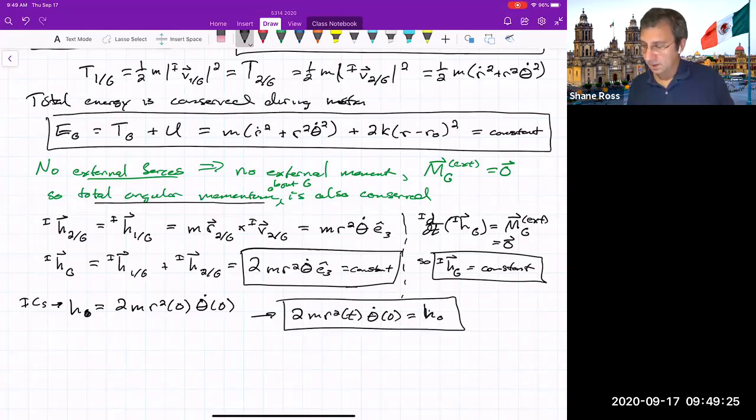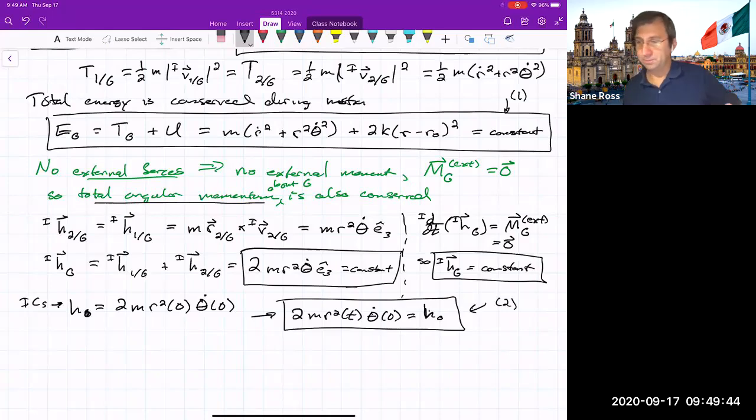Okay. Now we can use these conservation laws. Let's go here, this energy one, let's call this equation 1. That's a conservation law. And then this is equation 2. It's another conservation law.